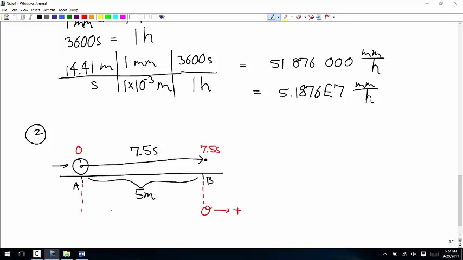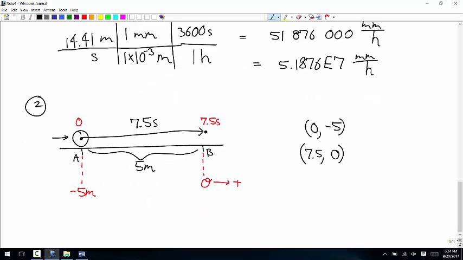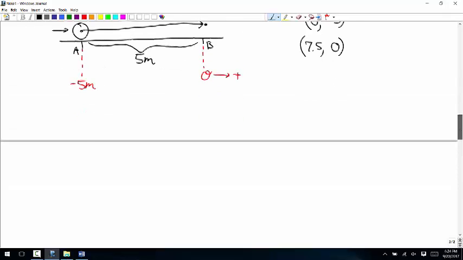So if you start at 0 and go 5 meters in the negative direction, the label here is negative 5 meters. And so the motion goes from, you can think of that first instant as the coordinate pair 0, negative 5, and the second one, 7.5, 0. And we're just graphing those.